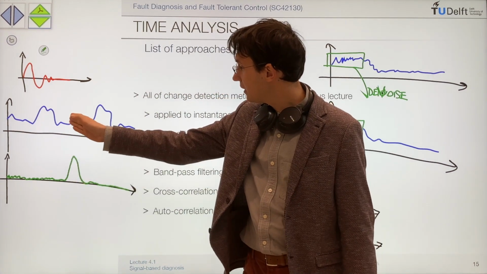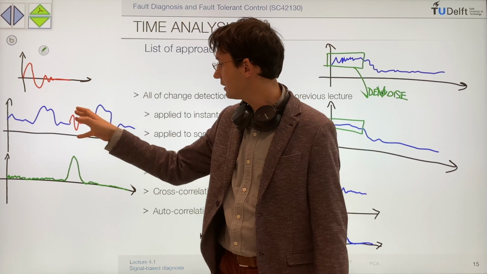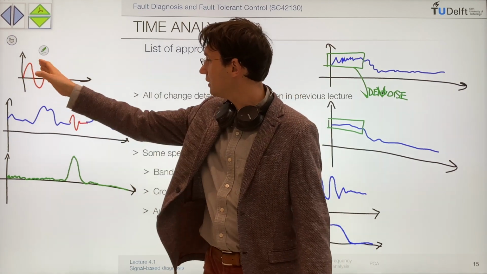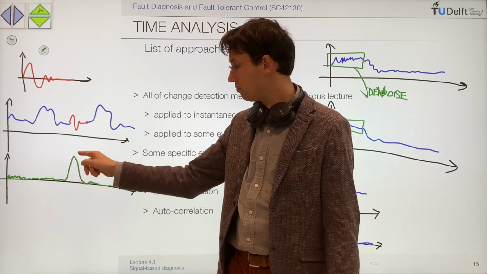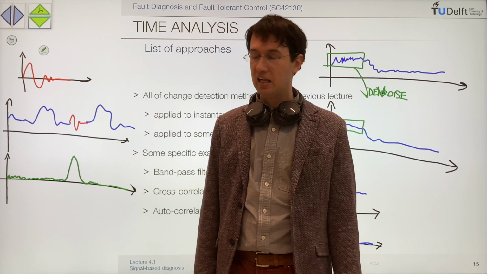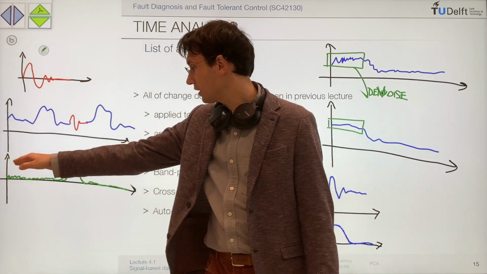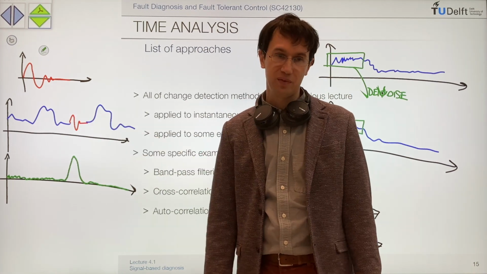When indeed there is a part of the signal here that is matching the example that you have for the faulty signal, you get a peak in the cross-correlation. And then you can simply have a fixed threshold to detect this.